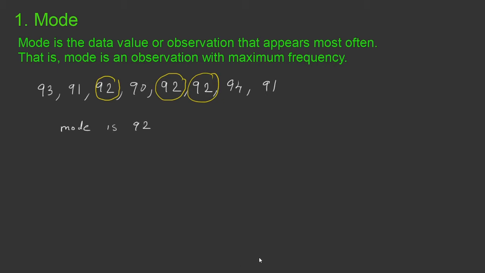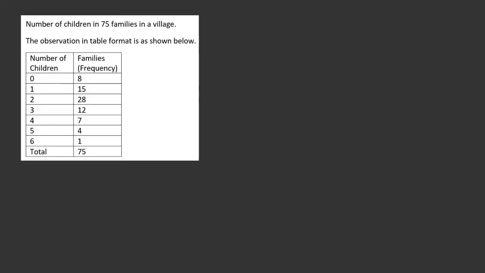Let us look into another example. Number of children in 75 families in a village. The observation in table format is shown here. What does this table say?